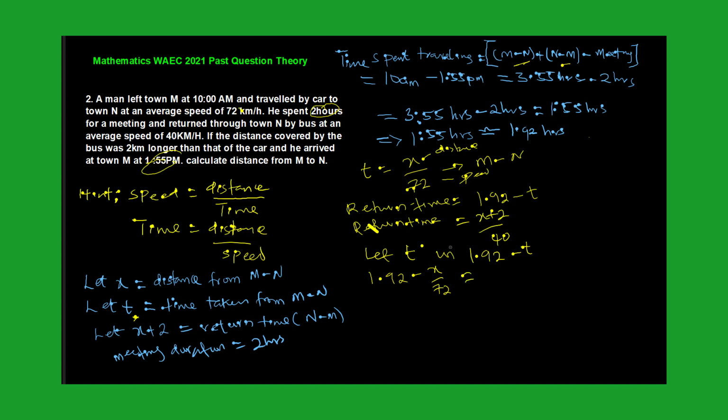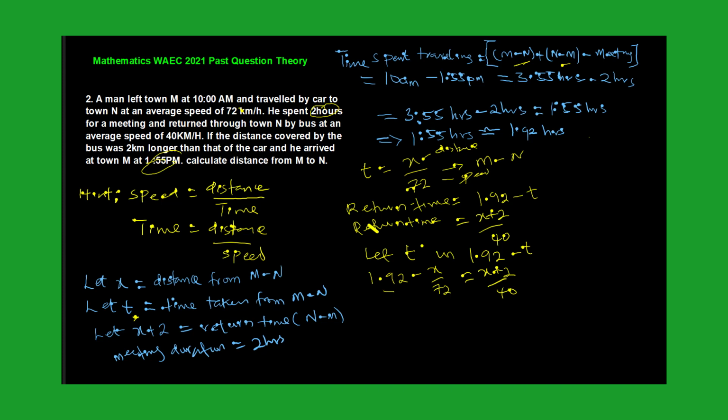We equate it with this return time, which is X plus 2 divided by 40. Since they are both return time, we need to simplify and find the value of X.